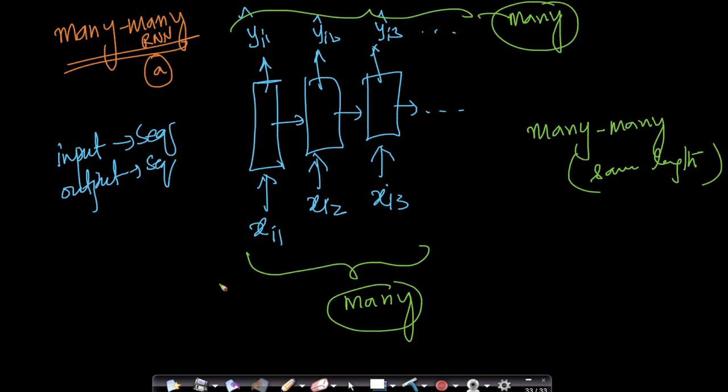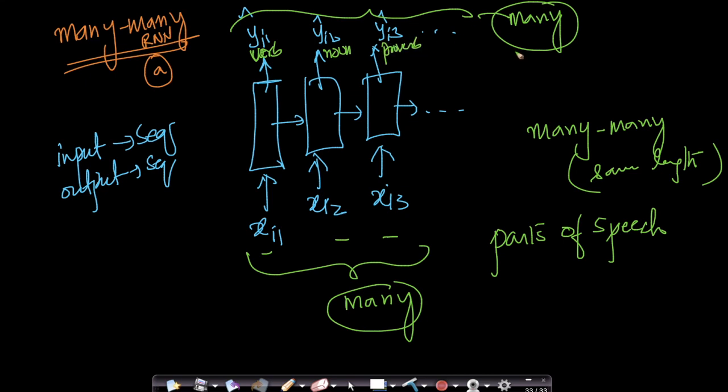So you might wonder, what are the applications of this? If you want to determine the parts of speech, for example, imagine I input a sentence here. Let's say I input word 1, word 2, word 3. The output could be that this word is a verb, this word is a noun, this word is an adjective, right? Corresponding to every input, there is an output.